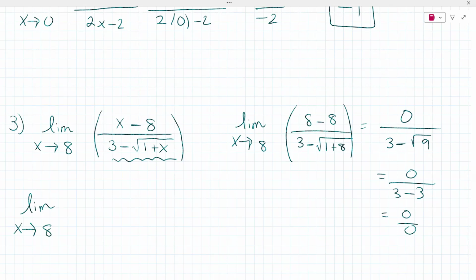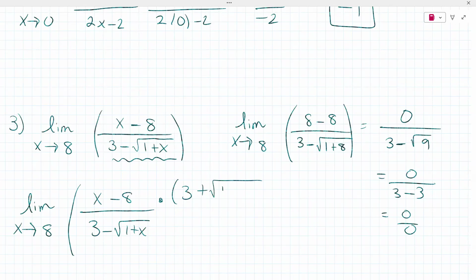So instead of minus, we're going to use a plus, right? We have x minus 8 over 3 minus the square root of 1 plus x, and I'm going to multiply top and bottom by the conjugate, 3 plus the square root of 1 plus x.